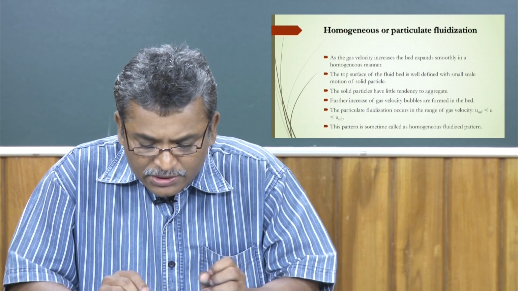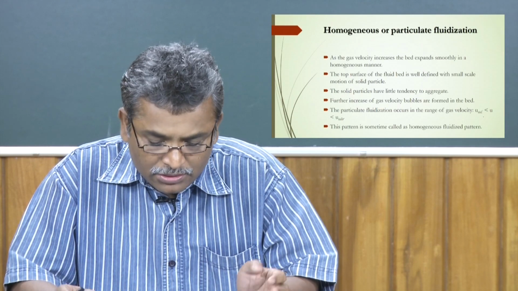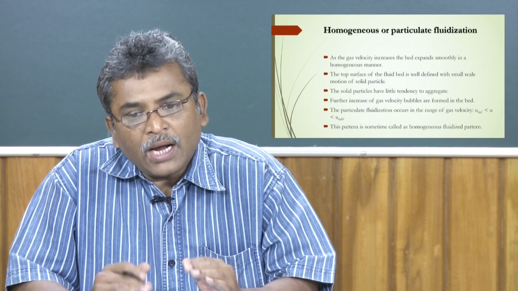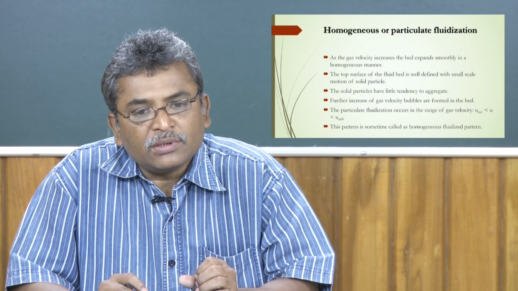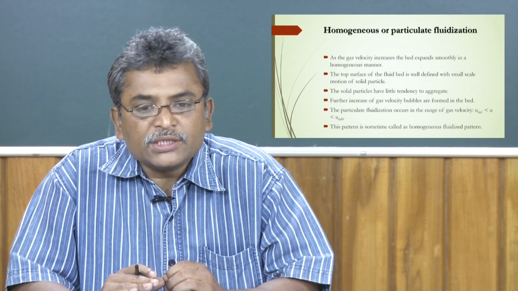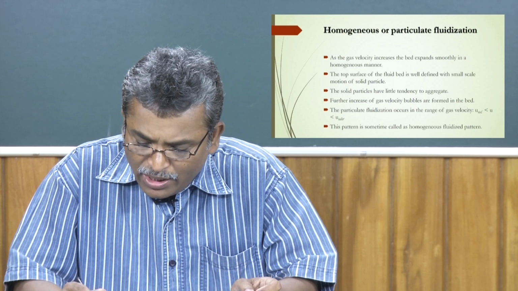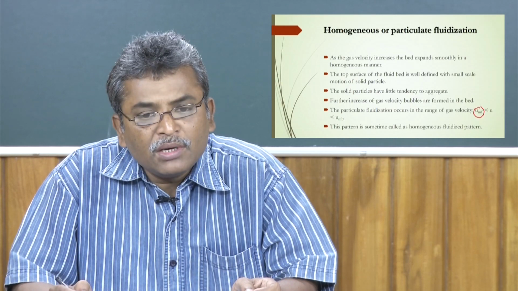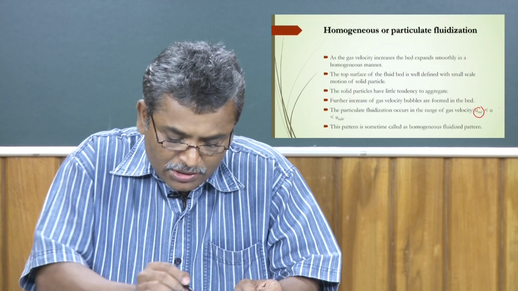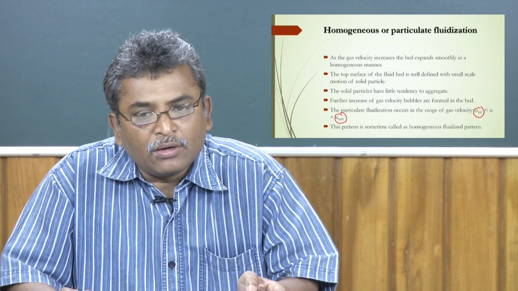And the particulate fluidization occurs in the range of gas velocity that will be of course higher than the minimum fluidization velocity, but it should be less than the fluidization condition of the bubbling fluidized bed. So, here UMF denotes the minimum fluidization velocity, and UMB is the minimum fluidization velocity for bubbling condition.